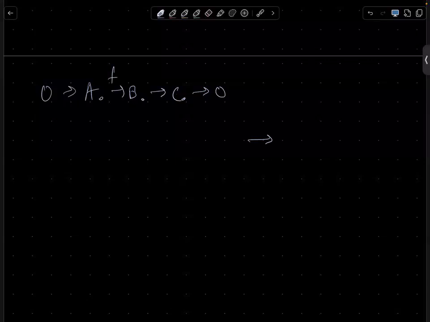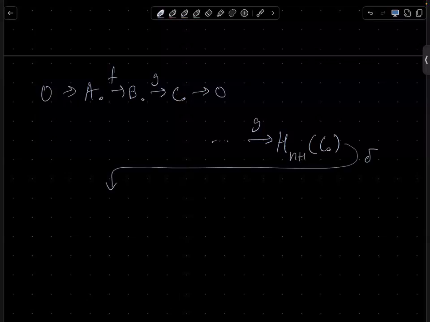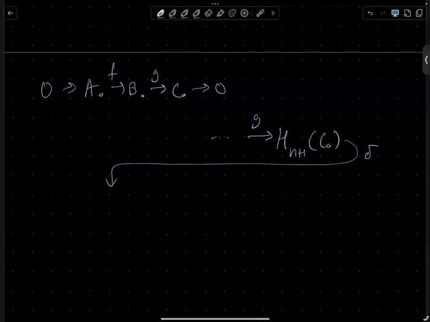Maybe I'll label the morphisms of chain complexes F and G. Remember that I said that the chain maps induce maps on homologies, and these are the ones. So I have G here, the induced map G going to Hn plus 1 of C bullet. And then there's this weird map delta that I'll talk about later. It is a homomorphism, but it's not one that comes from the data of F and G directly.